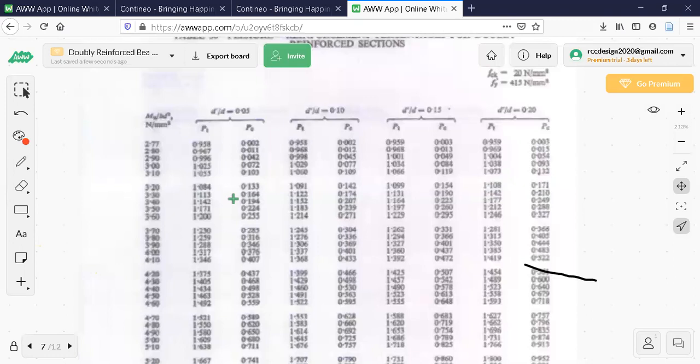Whatever formula I use over there, I don't have to use any of those formulas here. Directly I can find out the values of ASC and AST, not AST1, AST2. That calculation will be there, but at least 60 to 70% of calculation time will come down.